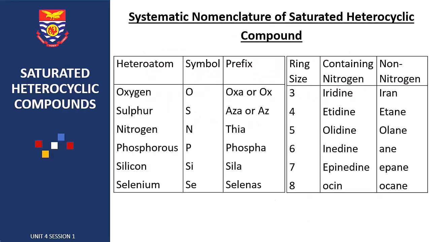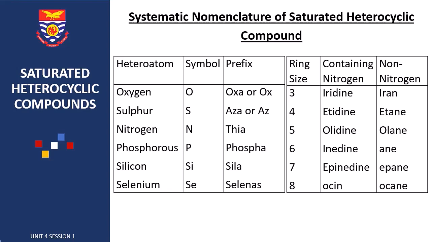Okay, so now in the nomenclature of heterocyclic compounds, there are saturated heterocyclic compounds. There are two things we need to keep note of: the prefix and the presence or absence of a nitrogen in the ring system. Whenever there's a heteroatom which is oxygen, we give it the prefix oxa or ox.